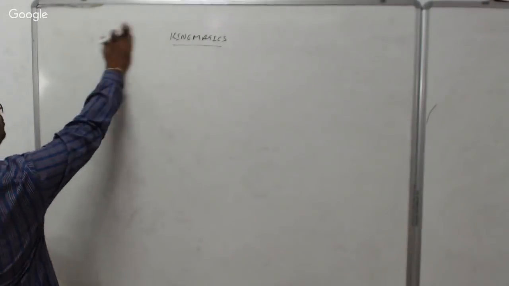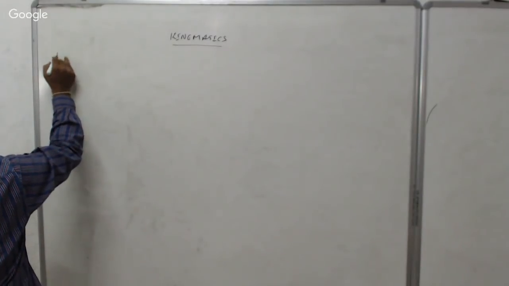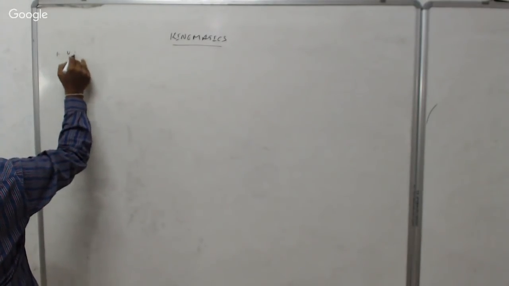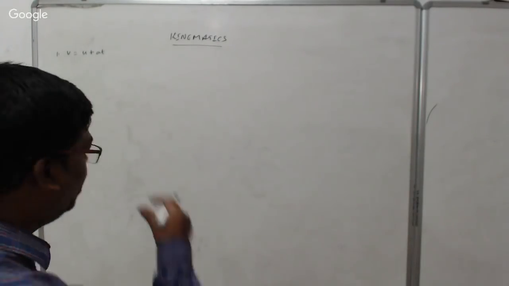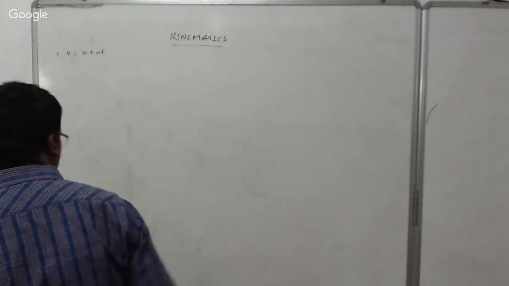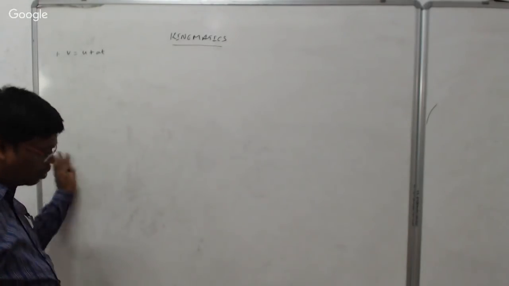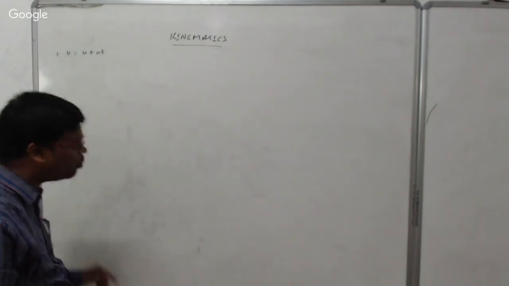What is the first equation of motion? The first equation of motion is V is equal to U plus at. This is the first equation of motion. Let us learn about the first equation of motion, how it can be derived.